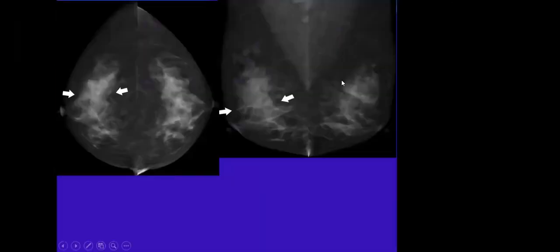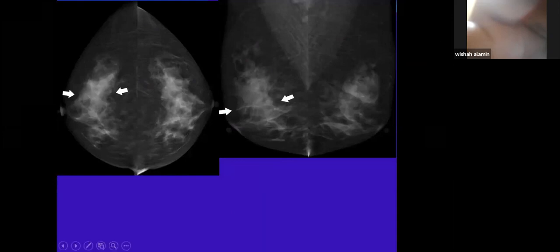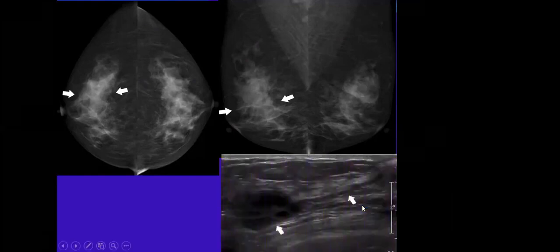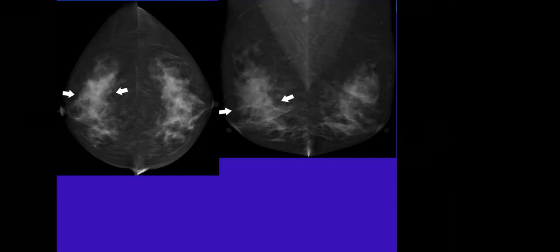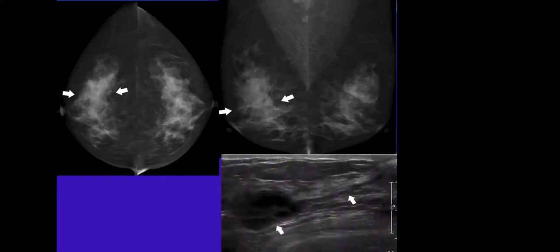Okay, here is another example. There is a focal area of asymmetry. So what is next? Compression. Compression demonstrates the same. Okay, ultrasound.